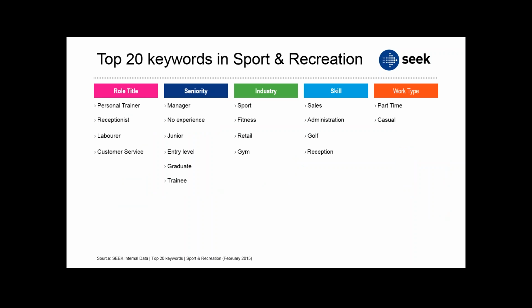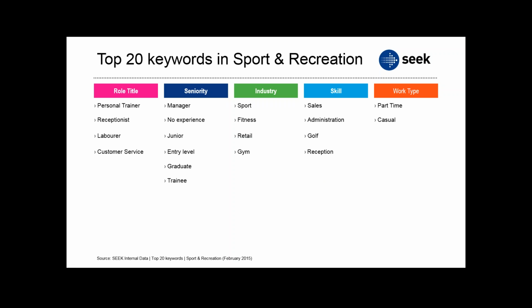And they'll also keyword search specifically on job titles. So think about what are the ones that are going to give me the best match to candidates. We also see with this one that skills and industry feature a lot because there's quite a lot of diversity through sport and rec. Okay, you might be, say, in a gym, or you might be a specialist golf instructor. They're quite contrastingly different.